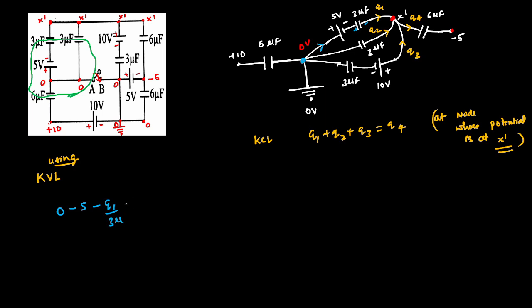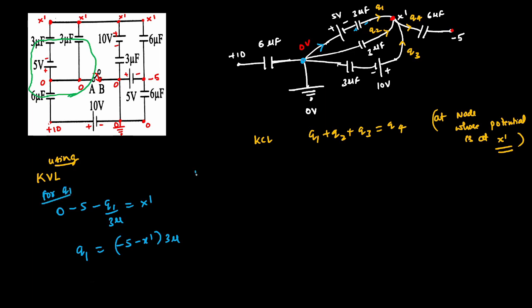After that, the potential we have is X dash, which means Q1 is going to be minus 5 minus X dash times 3 micro. That is your Q1 value.